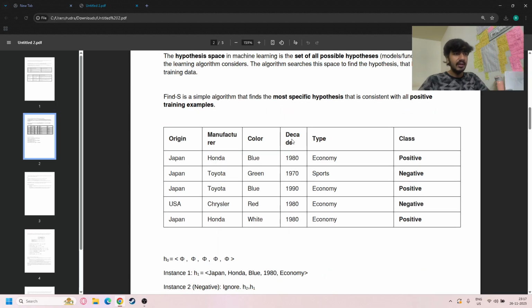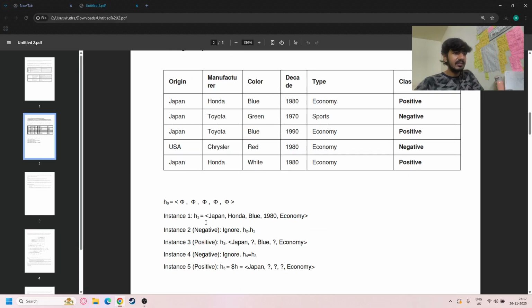So for this, first we have a null hypothesis here, H0, which is all question marks, because everything is empty. Now in instance 1, we need to put the first row over here, which is Japan, Honda, Blue, 1980, economy. And instance 1 is positive. Please know that the class is positive. So H1 is equal to Japan, Honda, Blue, 1980, economy.